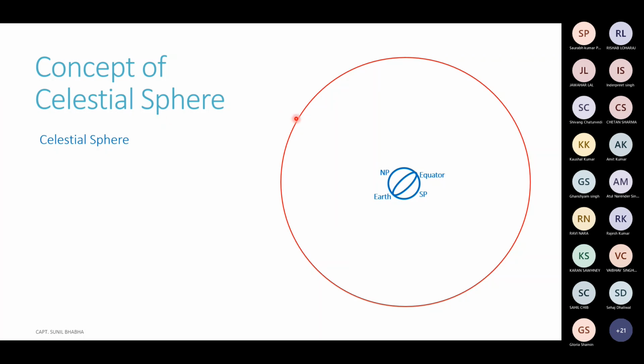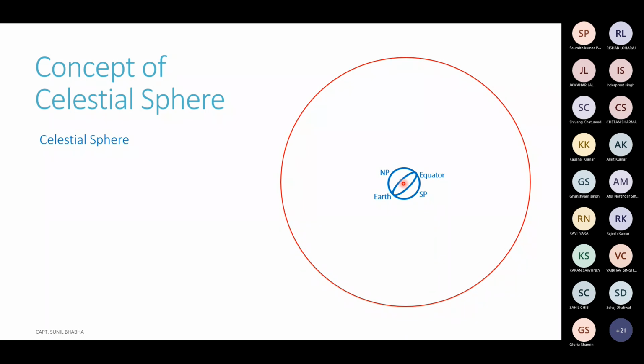To define any sphere, we need to specify the center and the radius of the sphere. So we will specify the center as well as the radius of the celestial sphere also. As you can see from the diagram, the center of the celestial sphere is the same as the center of the Earth. So Earth and celestial sphere are both concentric spheres.